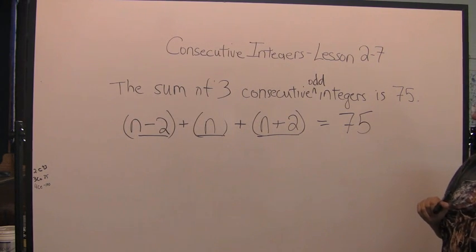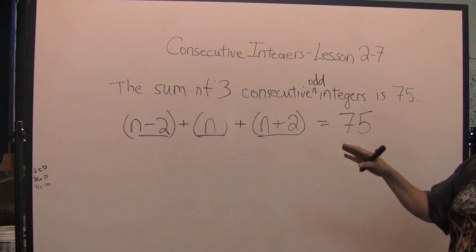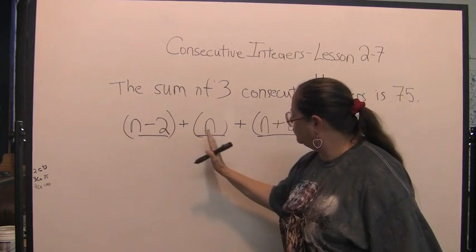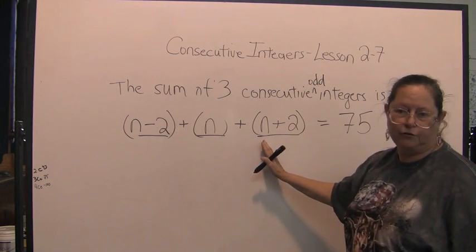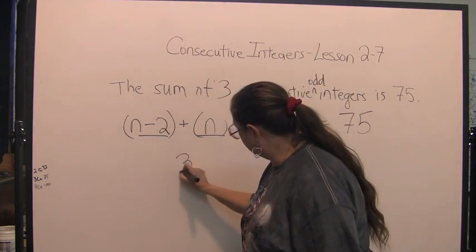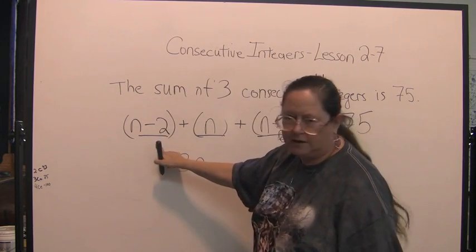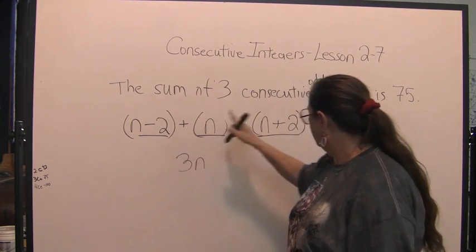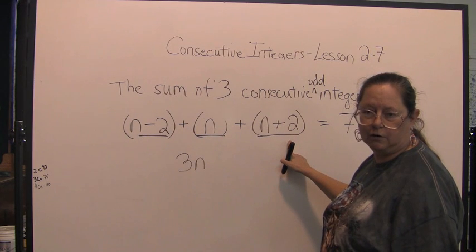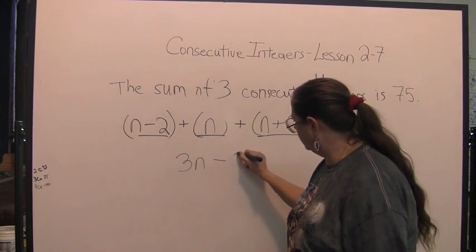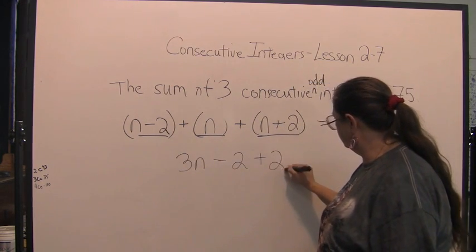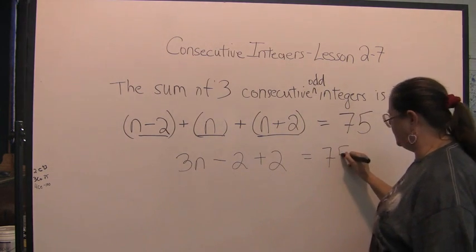Okay, now let's collect things up here. Let's see, I've got 1, 2, 3 narwhals, so my 3n. Then I've got a minus 2 here and a plus 2 here. Minus 2 plus 2 equals 75.